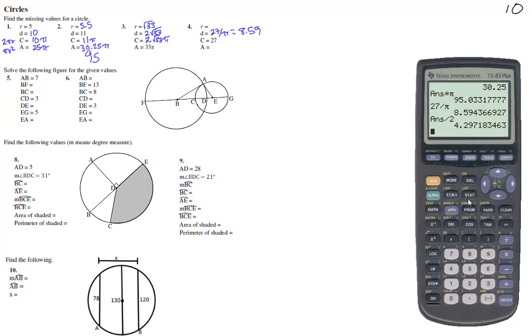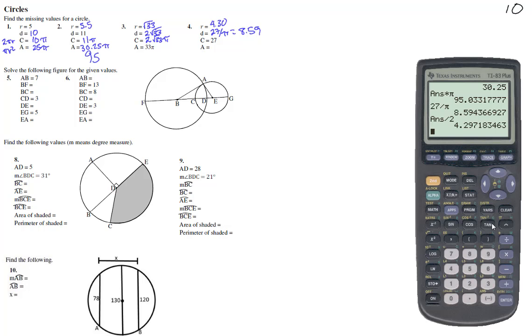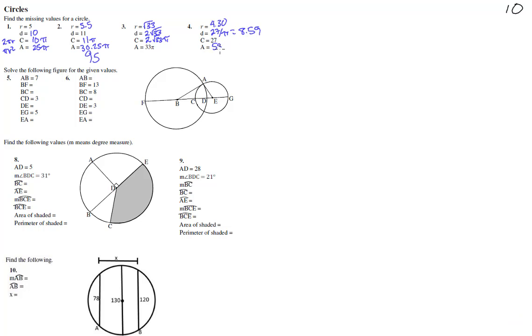So divide that by 2 and we get 4.30. Now for the area, we've got to take this and square it and then multiply by pi, and we get 58.01.